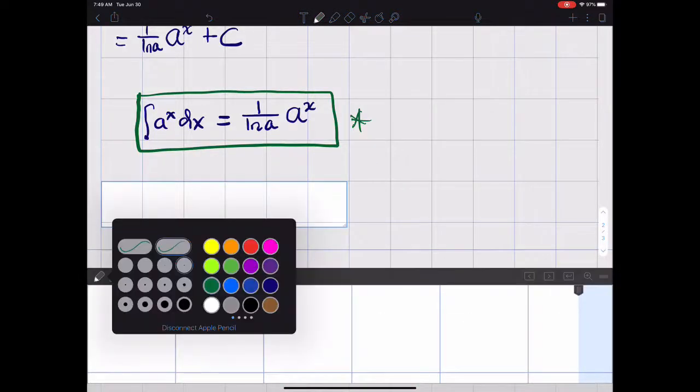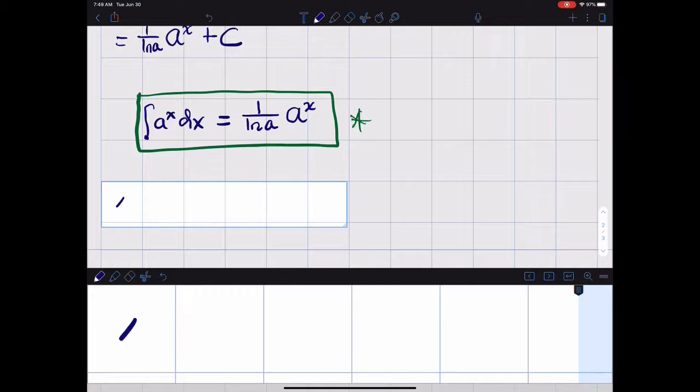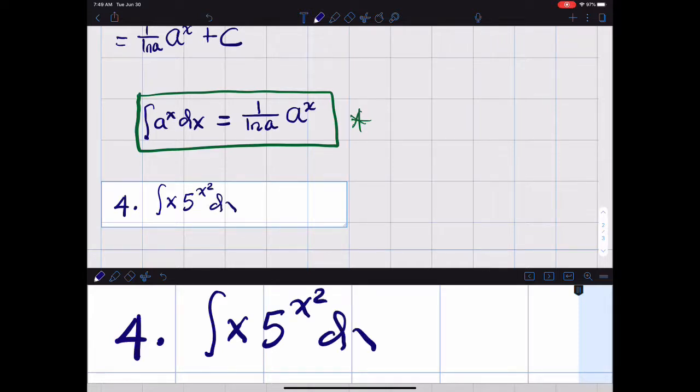Call it problem 4. About the integral of x times 5 to the power of x squared dx.